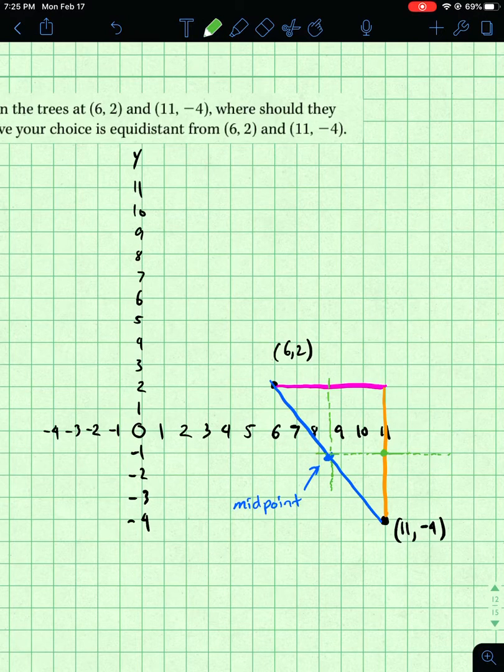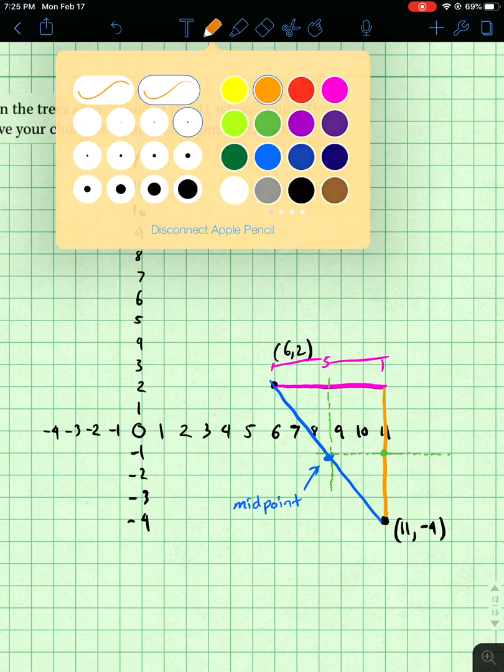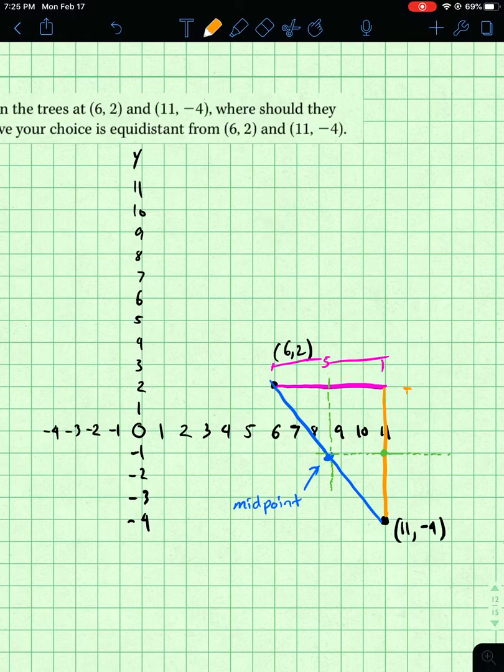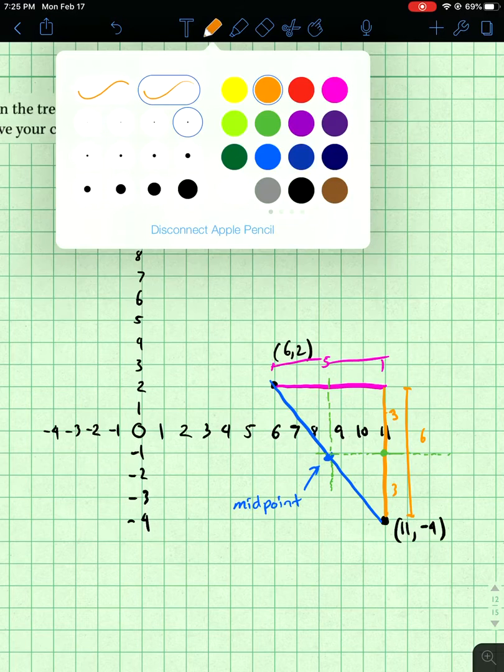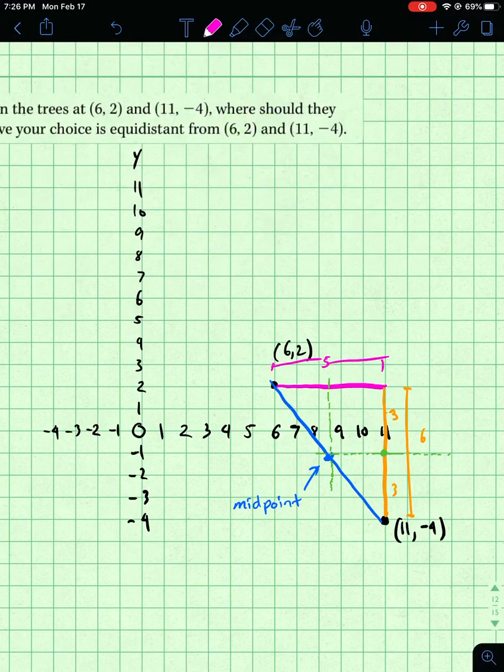We notice that this distance in pink is 1, 2, 3, 4, 5 total from here to here, and in orange, it's right along the grid line, so this distance is 6 in total. The 2 halves then have to be 3 and 3. Likewise, up here, half of 5 is 2.5 and 2.5.